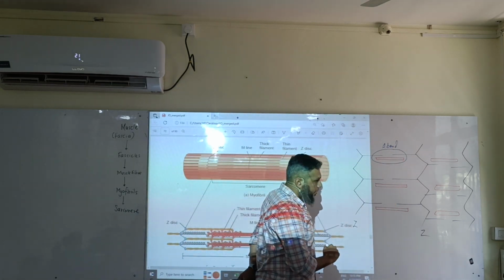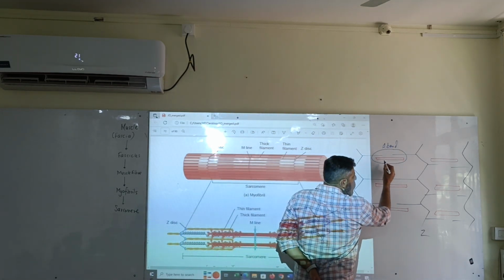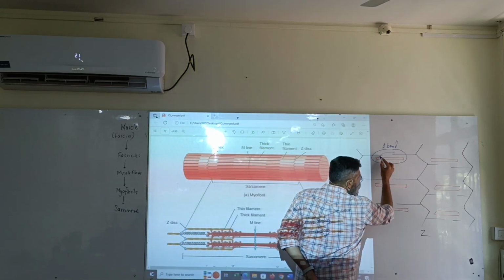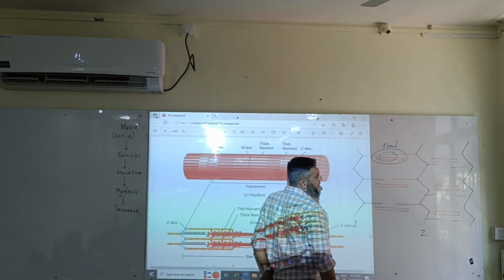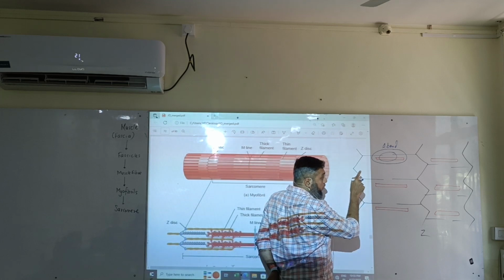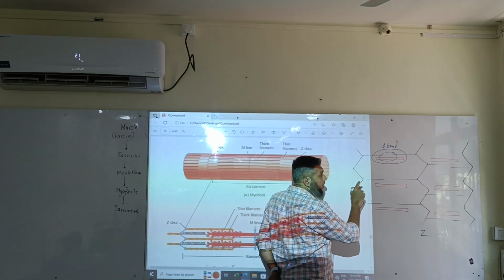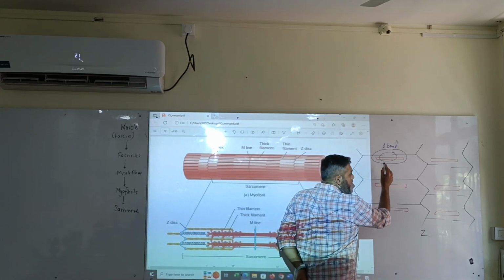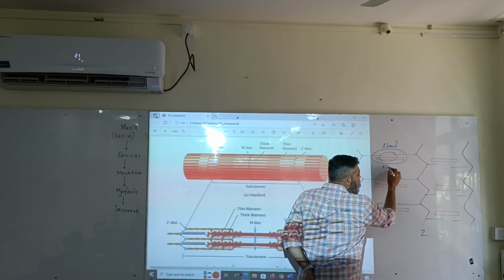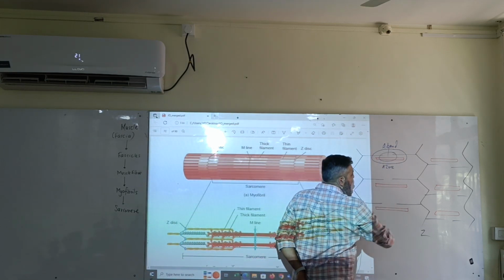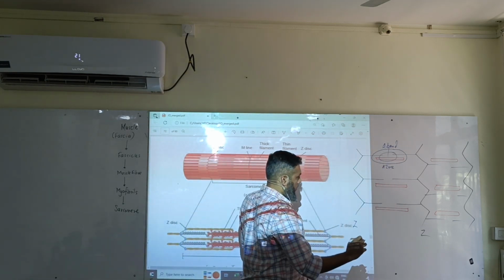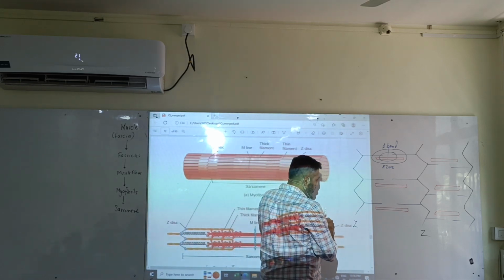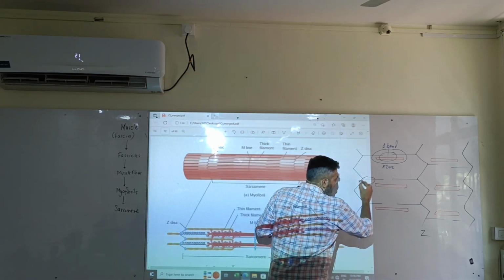But look at the center. I am talking about this region. Is it overlapping or only thick? Only thick. Will light pass? Yes. That zone will be called? H zone. With the line called? M line. Good.